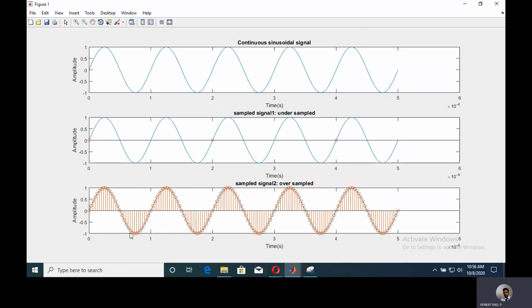So the sampling rate must be as high as possible, like this. If you want to reconstruct the undersampled signal into the original signal, it is very difficult, and you cannot reconstruct it, because there are only 3 samples. Based on these 3 samples, we cannot reconstruct the original signal.